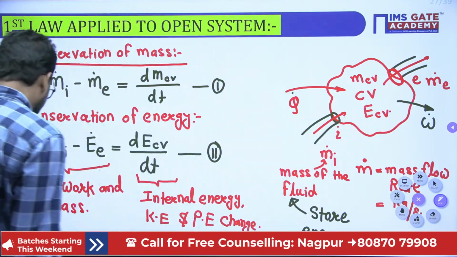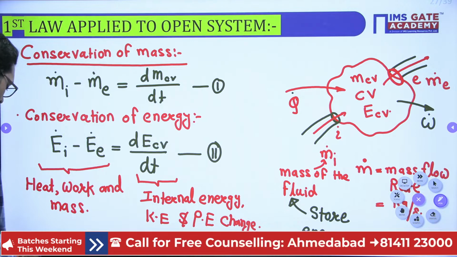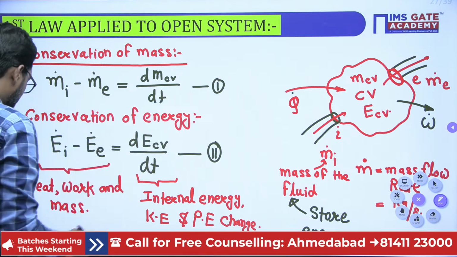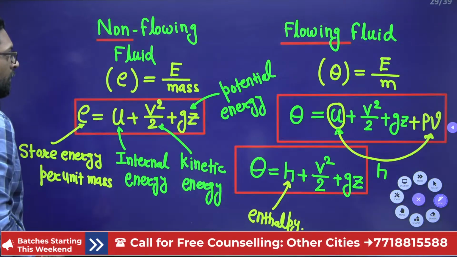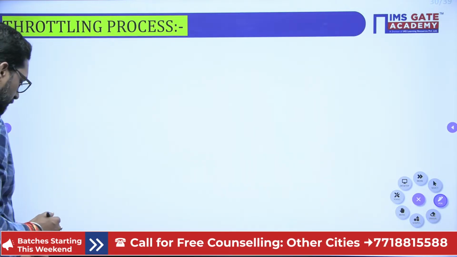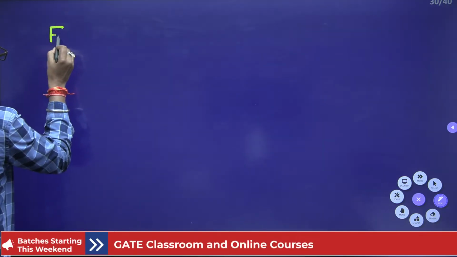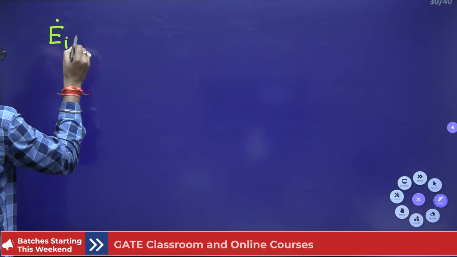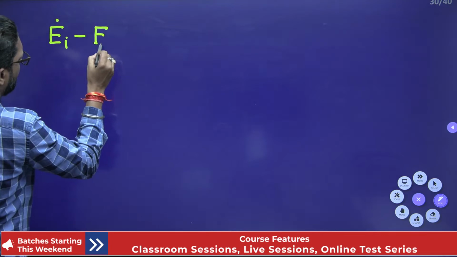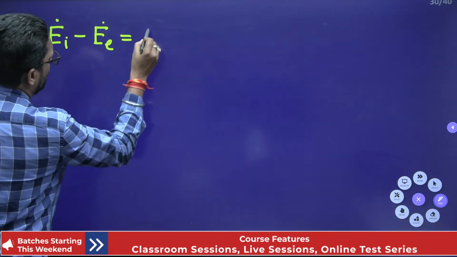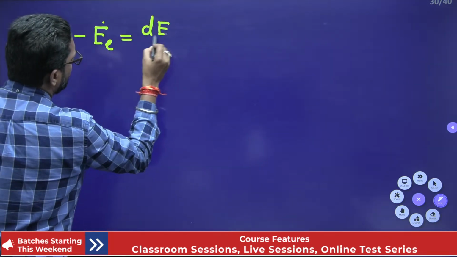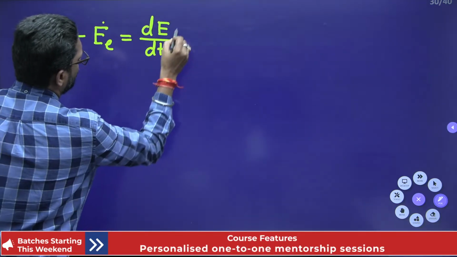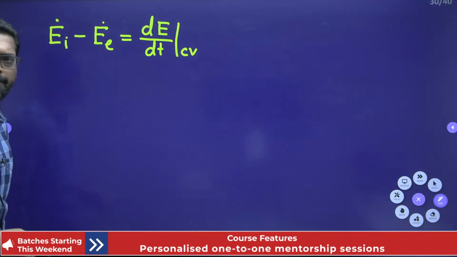So if you write this in the form of an energy balance, what is that? Energy in minus energy exit is equal to dE by dt of a control volume. Yes or not?